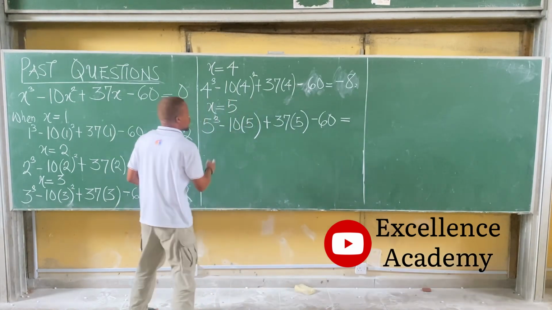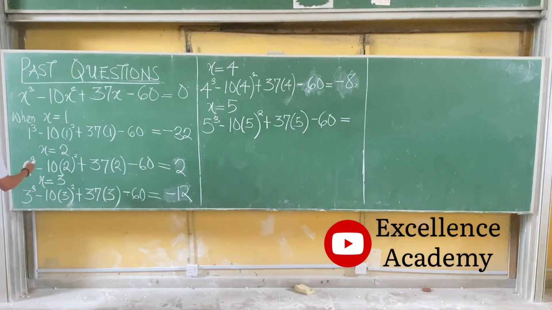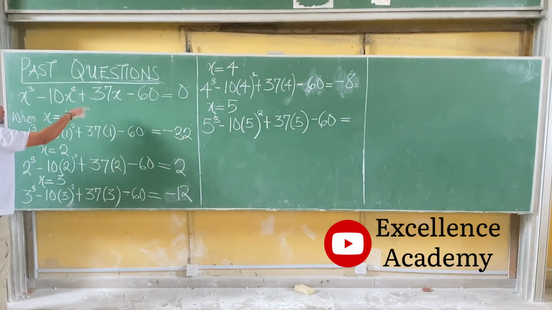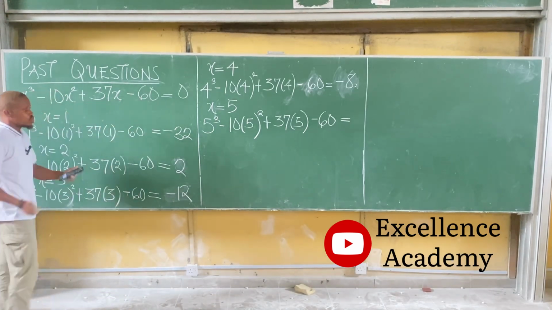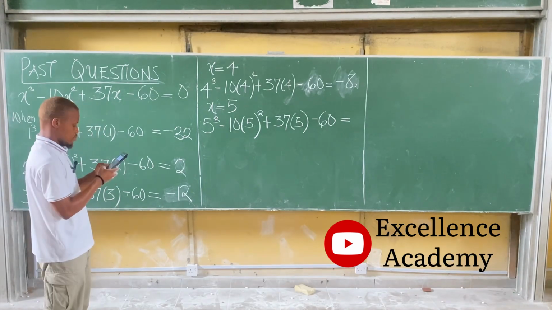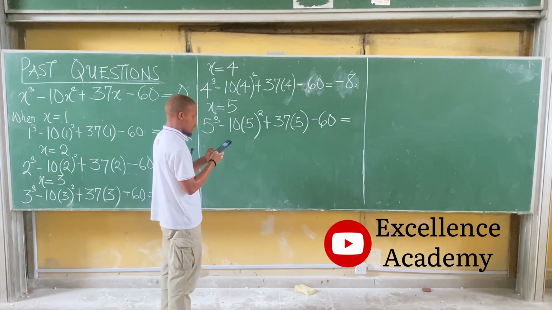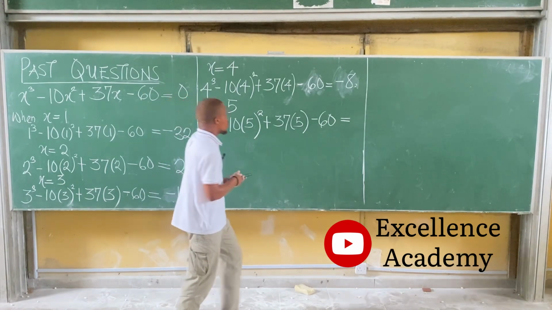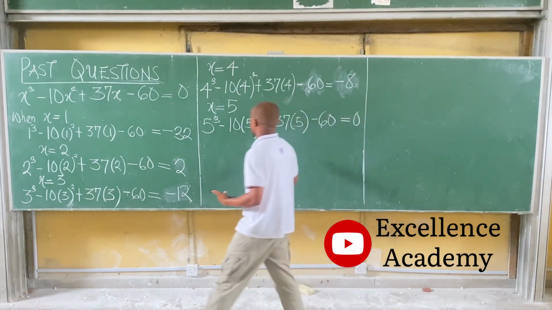All right, so let's go for this. I'm having 5 raised to power 2. From our original polynomial, I'm having x cubed minus 10x squared plus 37x minus 60, right? So let's simplify that. In simplifying that, we get minus 250 plus 37 times 5 minus 60. All right, in simplifying this, we get 0, right?